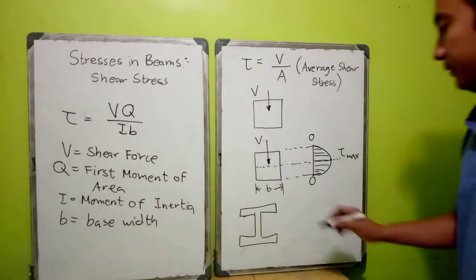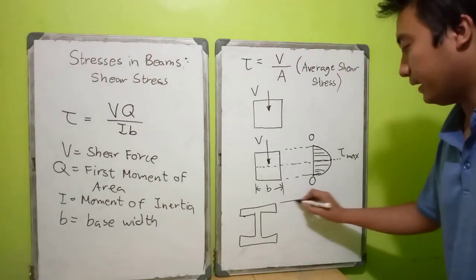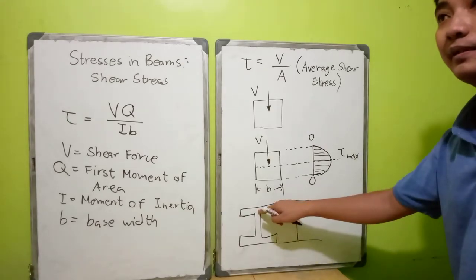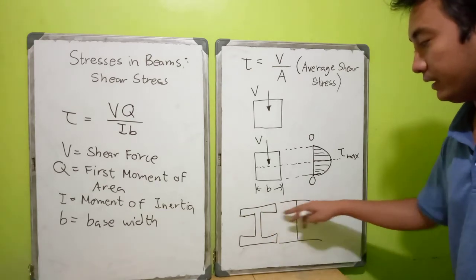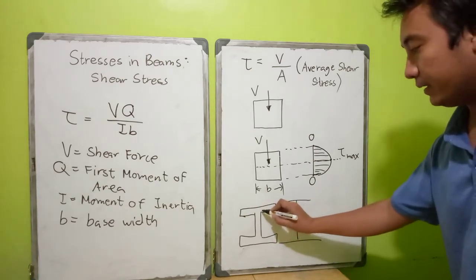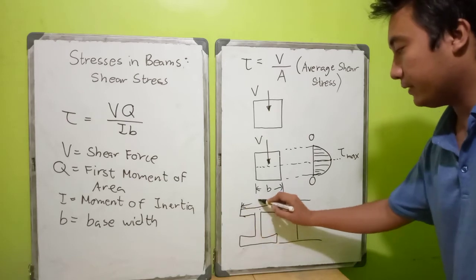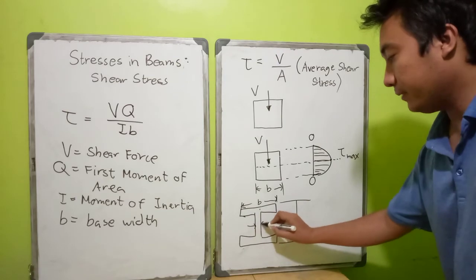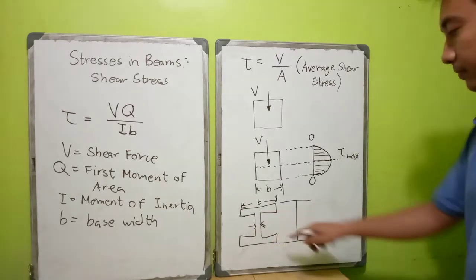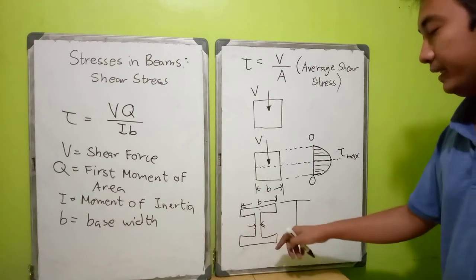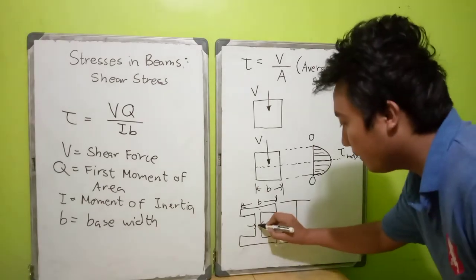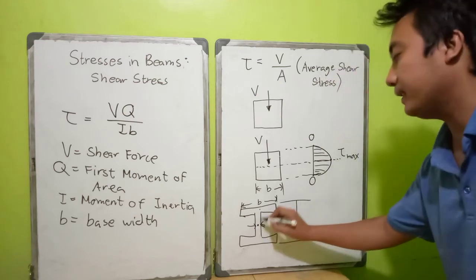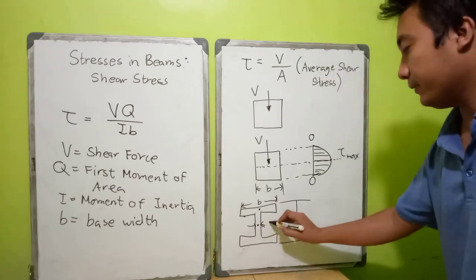When we refer to the shear stress somewhere at the flange, in this portion of your I-beam, where the width is obviously wide, you use this b.